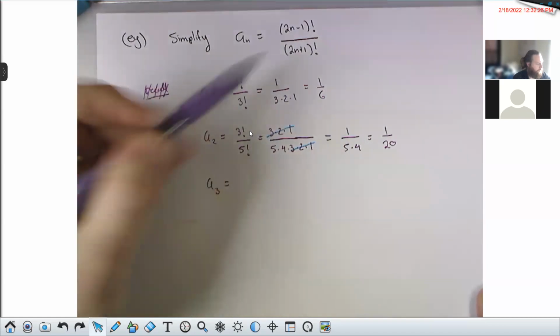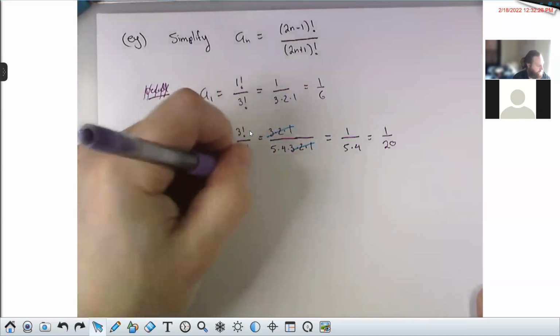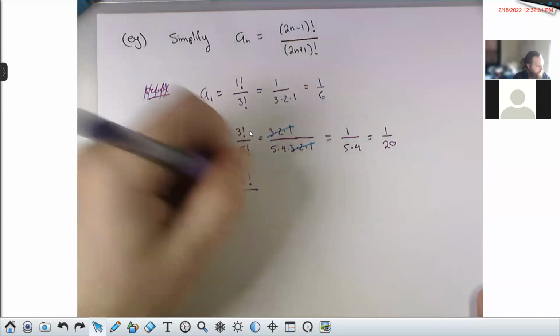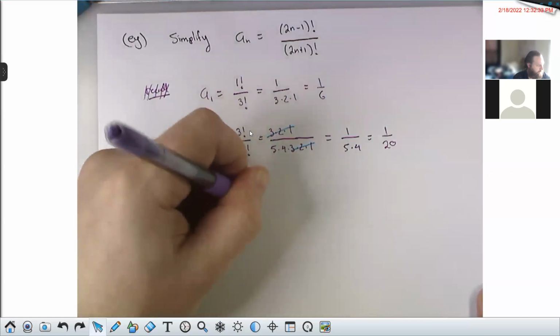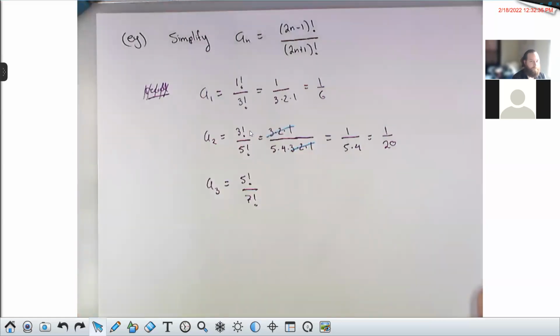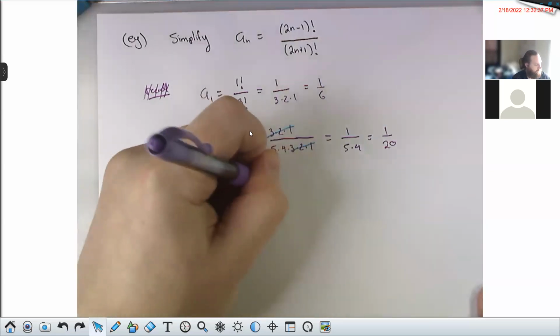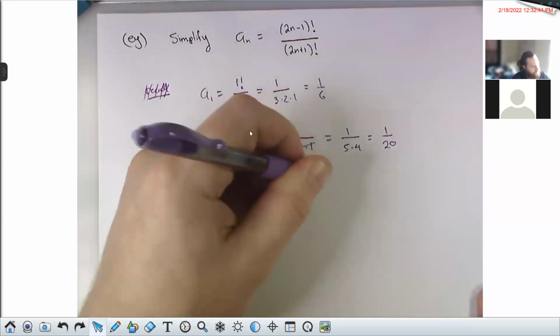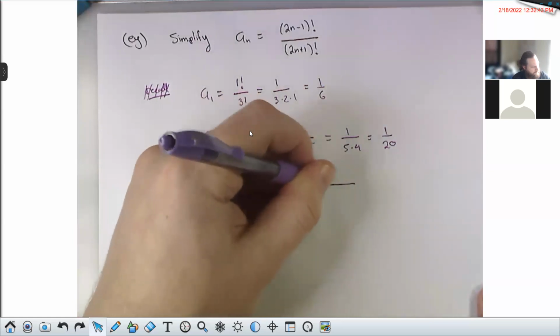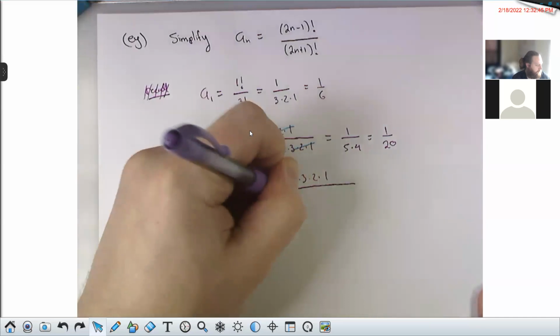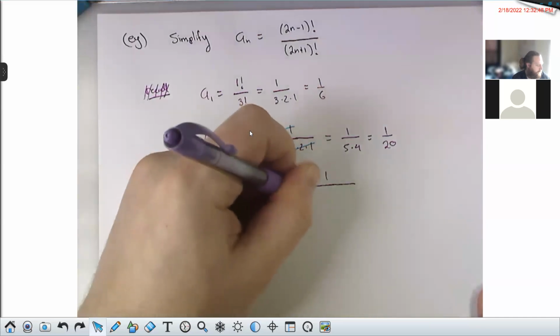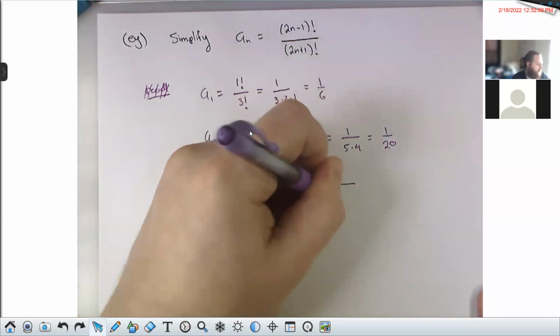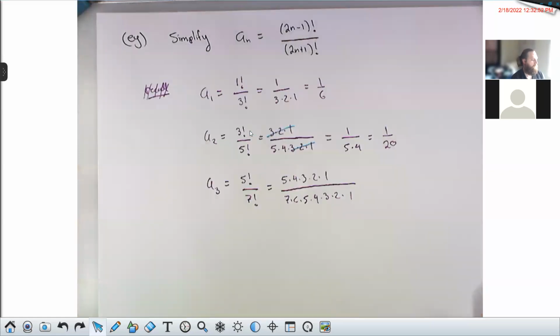A3 would be 6 minus 1, which is 5 factorial upstairs, and 6 plus 1, which is 7 factorial downstairs. So the top is 5 times 4 times 3 times 2 times 1. And the bottom is 7 times 6 times 5 times 4 times 3 times 2 times 1.